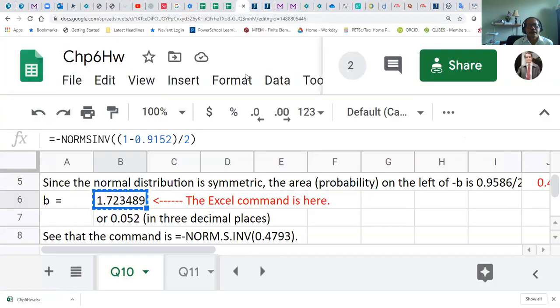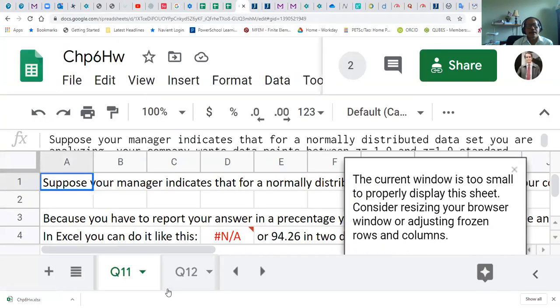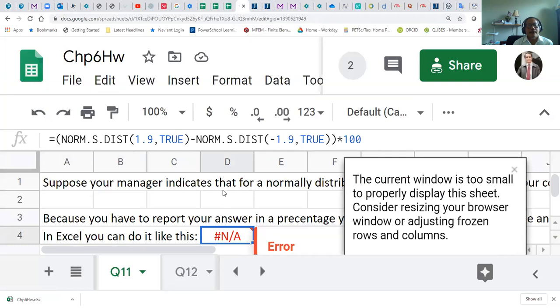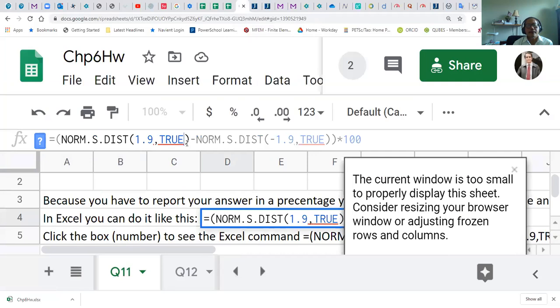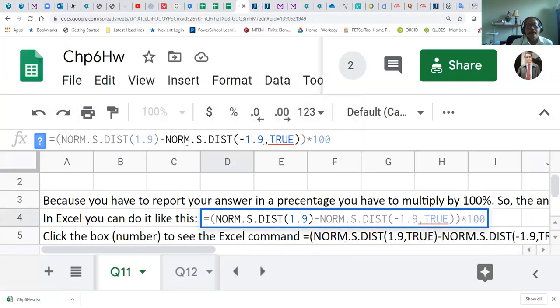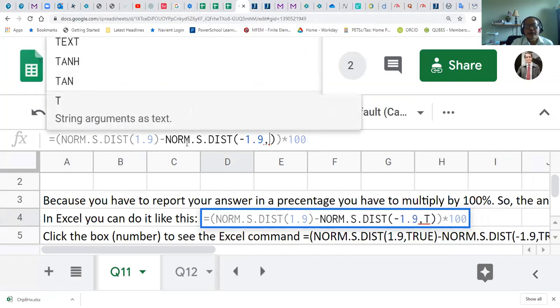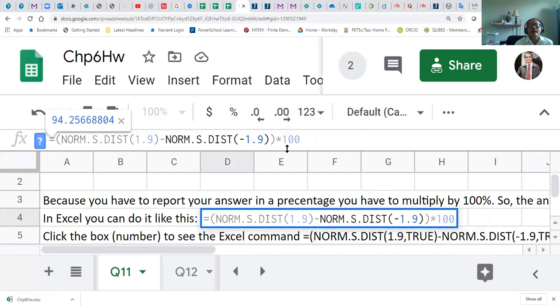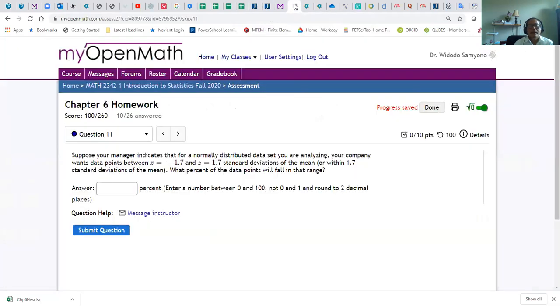So this is number 11. Okay, so the area between this. You don't need to have the true for the Google Sheet, okay. And you need to change the number to 1.7 after that. Yeah, 1.7.